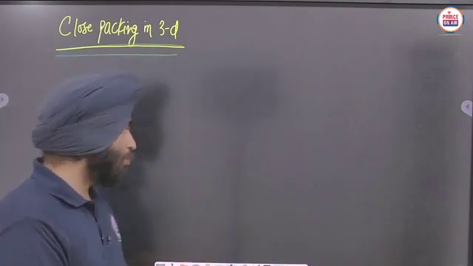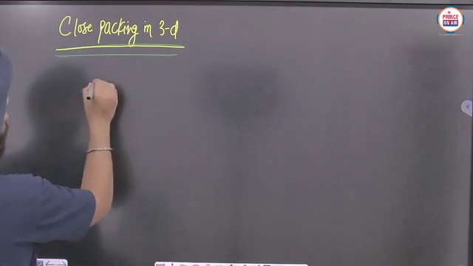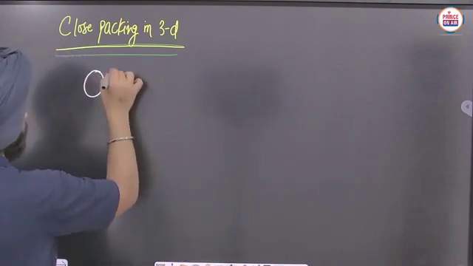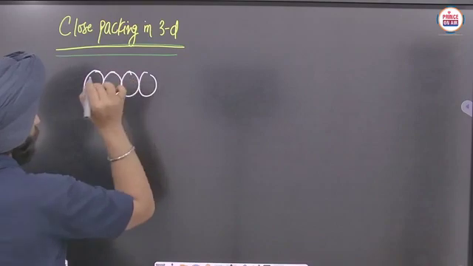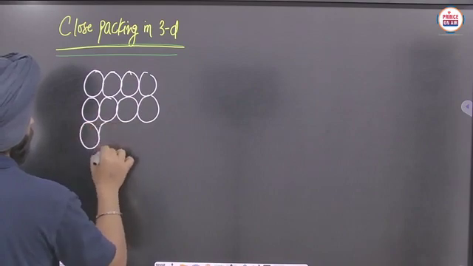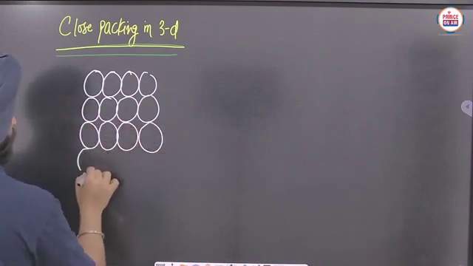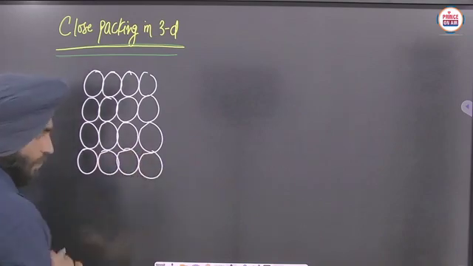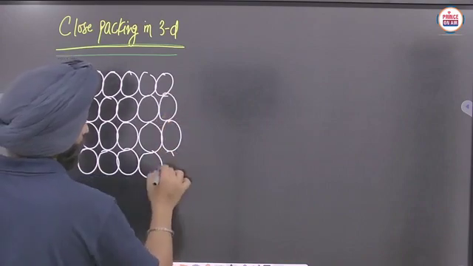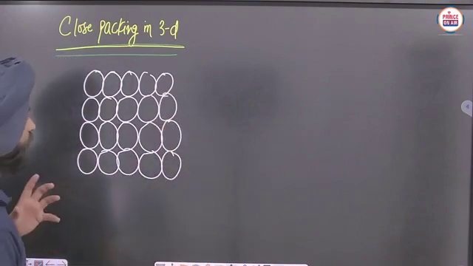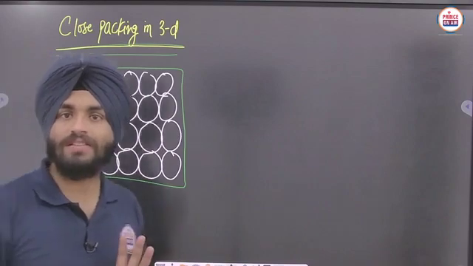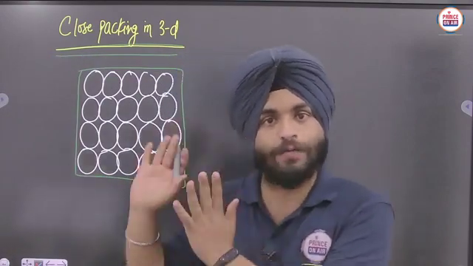If I have particles like square close packed layers, then you will see just close packed layers, means these particles are in close packing, that is the first layer.